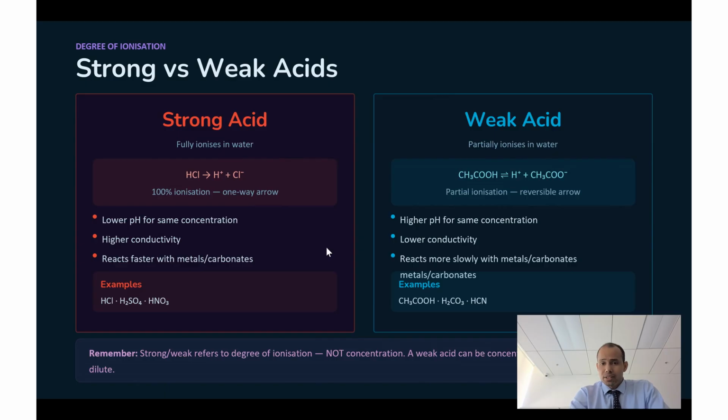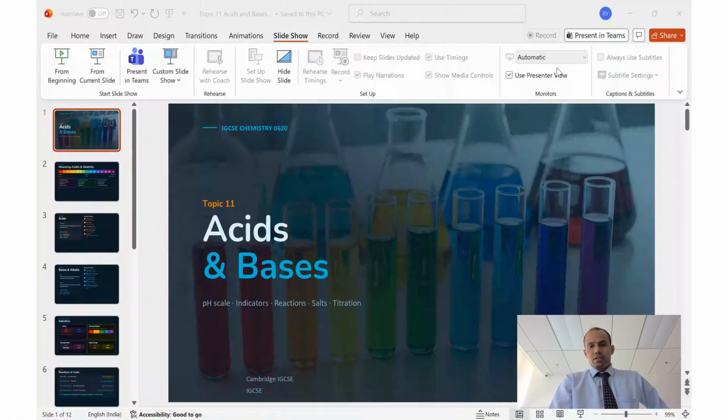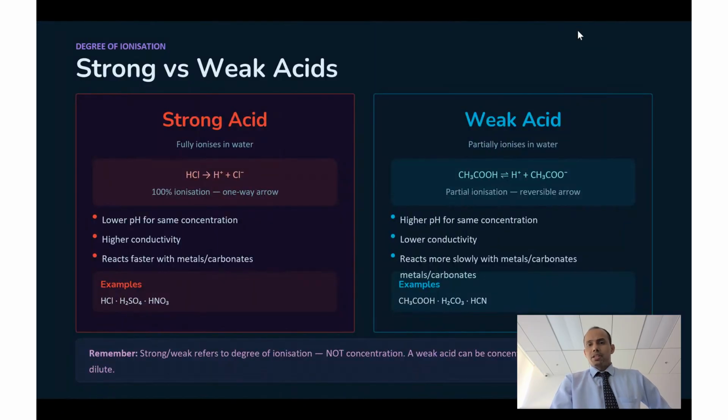They have a higher pH, lower conductivity, and react more slowly with metal carbonates. You have to remember strong and weak acids in terms of their ionization. Strong acids dissociate completely.